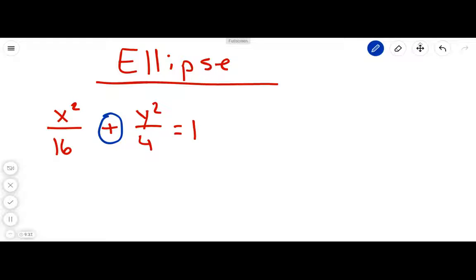So usually when we see this example, we see it in the format of x squared over a squared plus y squared over b squared equals 1. At this stage, we don't know which one's a and which is b.